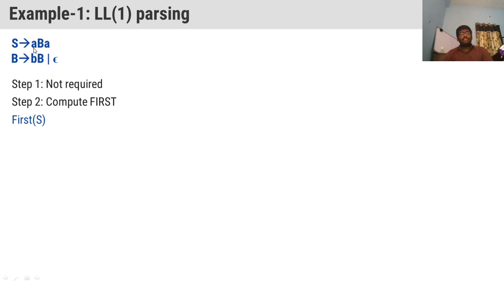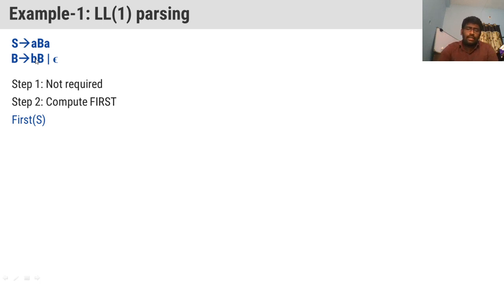Only for the non-terminals. So here we are going to find the first set: first of S equals first of small a. First of B equals small b, capital B or epsilon.